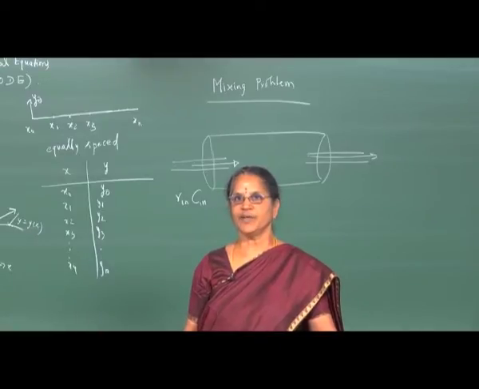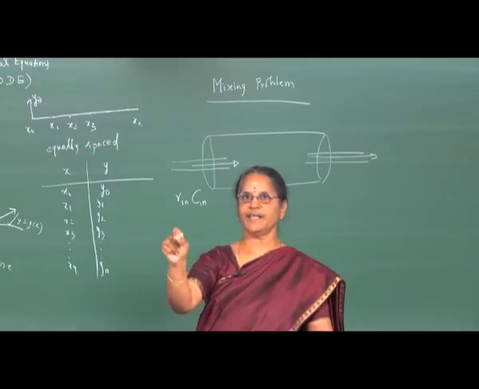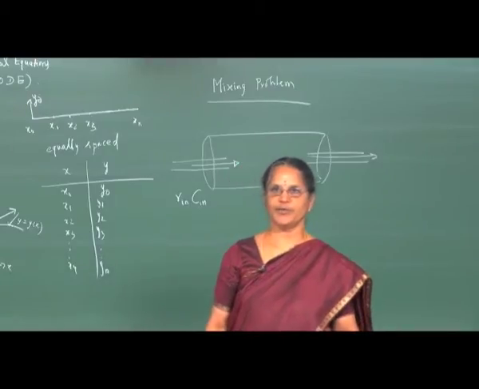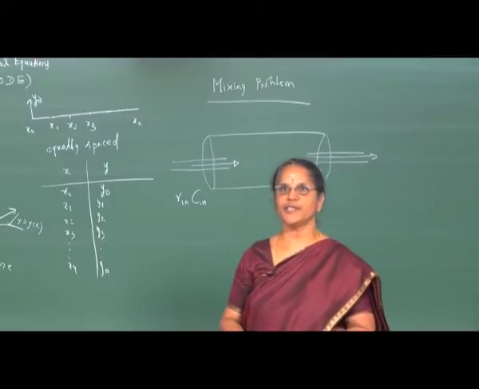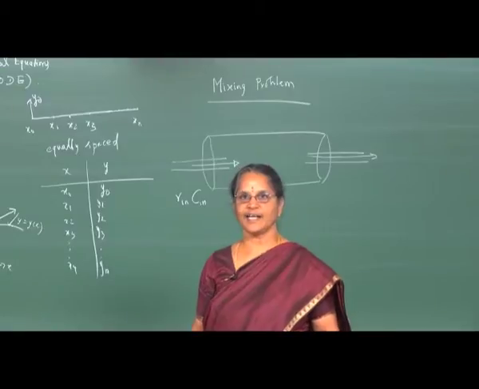So, the right hand side will be the absolute value of x mod y1 minus x mod y2, which is mod x into modulus of mod y1 minus mod y2, and that would be less than or equal to twice mod y1 minus y2, because x is less than or equal to 2 inside that rectangle.